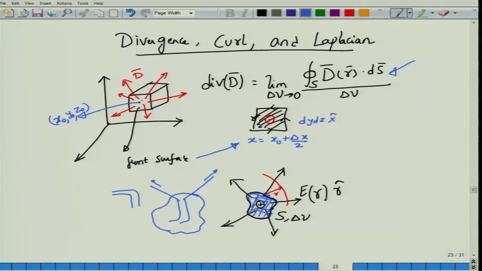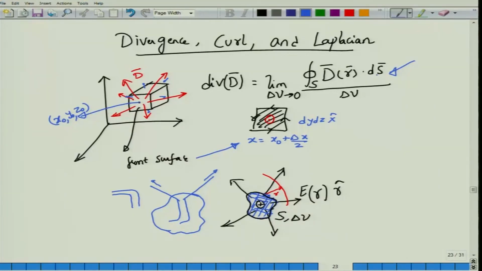There will be one front surface and one back surface, then one side surface to the right and one to the left, then a surface on the top and a surface on the bottom. What I have to do is find out how the vector field D behaves on this surface, and then take the dot product of this D at different points on the surface and multiply that by the infinitesimal surface area.